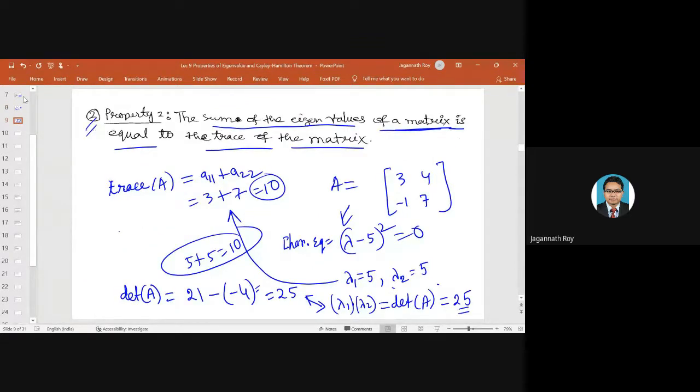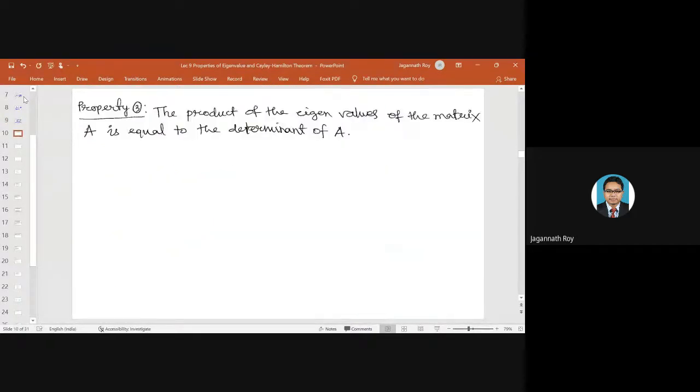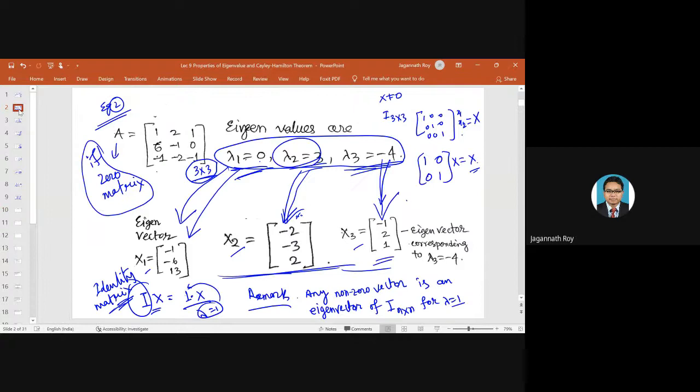Now the determinant of that square matrix is equal to the product of the eigenvalues. If you try to verify this, just look at this example.